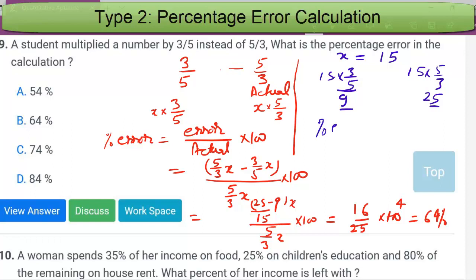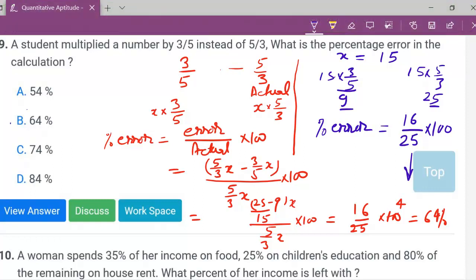So percentage error will be the difference of 25 minus 9, which is 16, divided by the actual number, which is 25, multiplied by 100. So here you will get this result directly, right? By doing this we can definitely reduce the time in calculation. So the answer for this question is B.